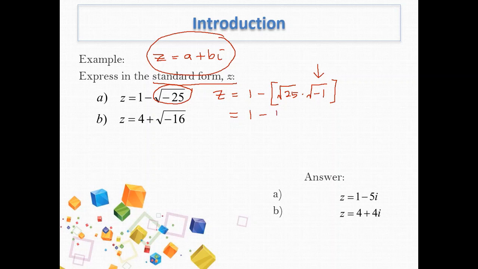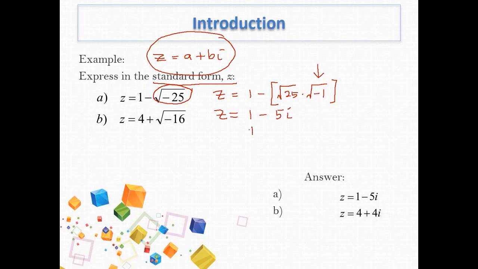Alright, so here we have 1 minus, what is the square root of 25? It is 5. So square root of 25 now gives us a real number, which is 5. And what we do to square root of negative 1? Just replace this by i. Now we have the standard form of complex number z equal to 1 minus 5i.